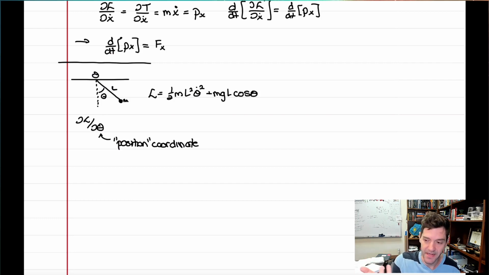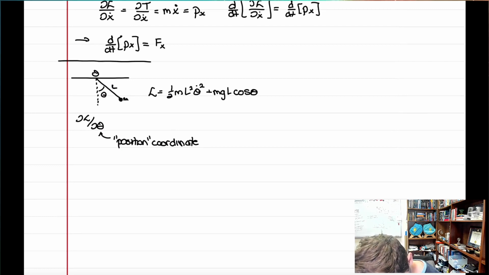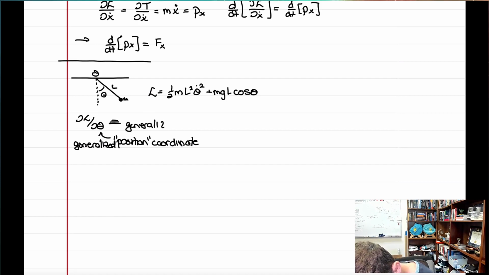Something that doesn't have a dot over it, where theta dot is a general kind of velocity coordinate. So rather than position coordinate, I might call this a generalized position coordinate. And so we can call this entire thing a generalized force.